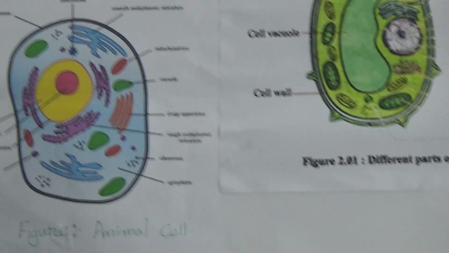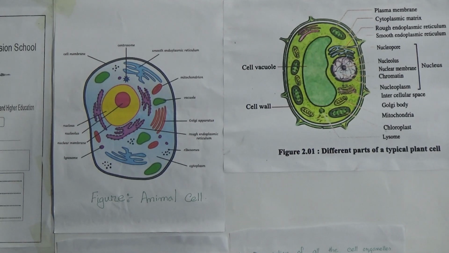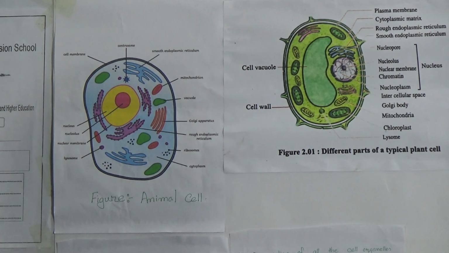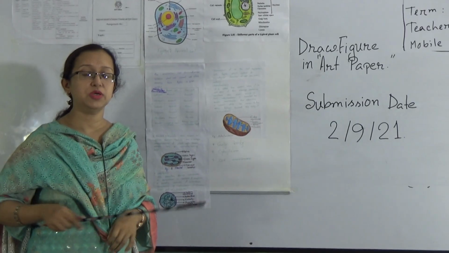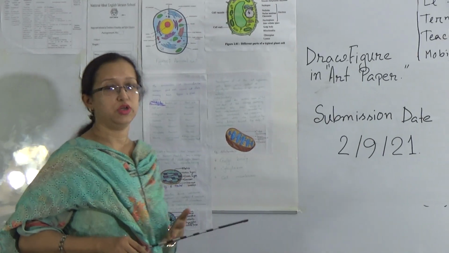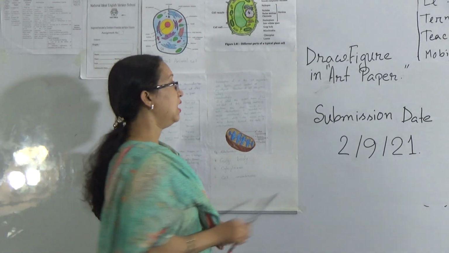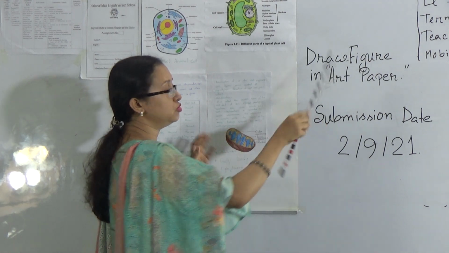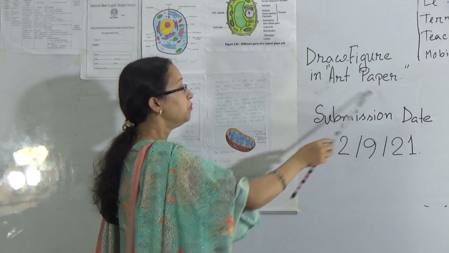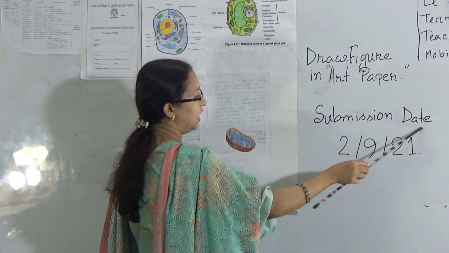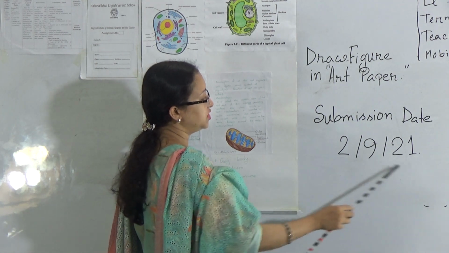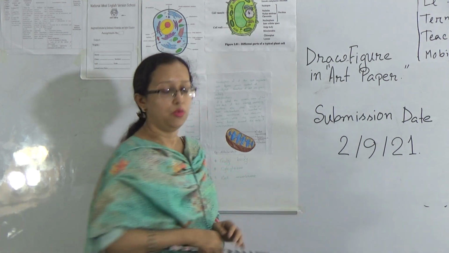You can give the description of these organelles and draw their figures. And I hope you will do it. It is better for you to draw the figure and do the assignment on art paper. And your submission date of the assignment is 2nd September 2021.